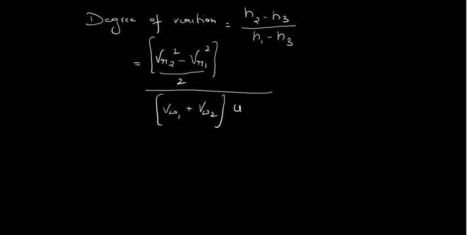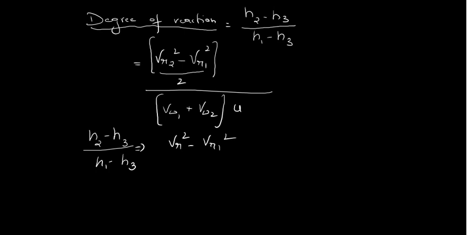If I simplify it and try to get the relation for degree of reaction in terms of H2 minus H3 divided by H1 minus H3, it is given as (Vr2 square minus Vr1 square) divided by 2U times (Vw1 plus Vw2).